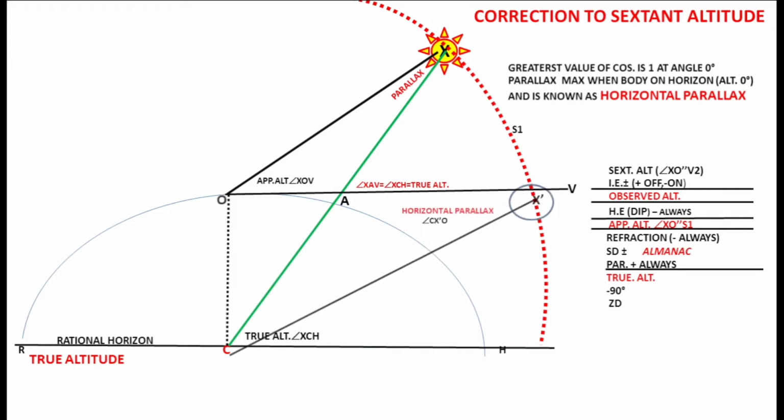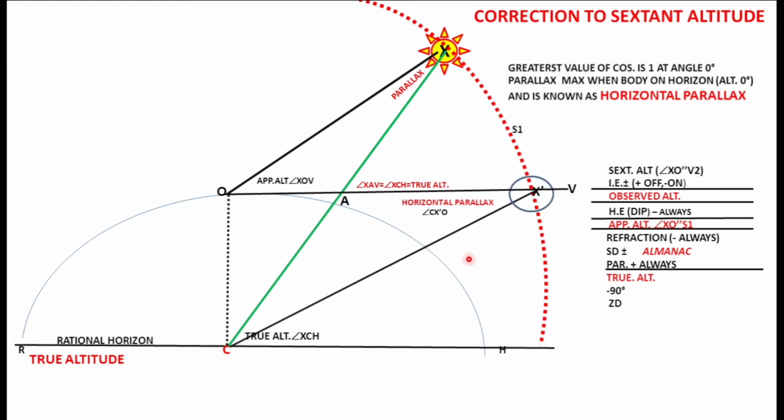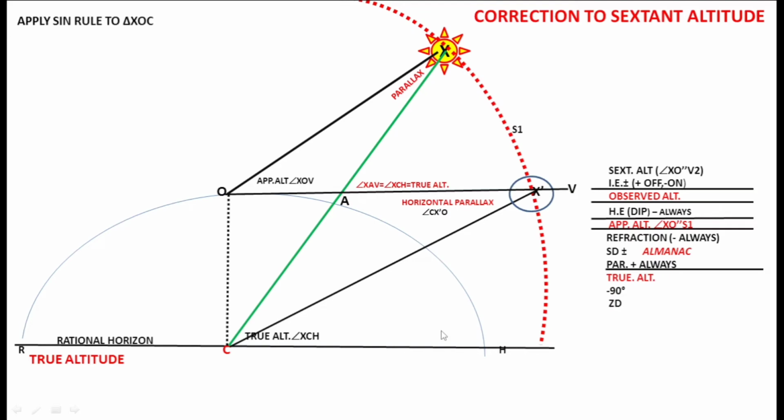So parallax is maximum when the body is on the horizon, and this angle XOX dash C is the horizontal parallax. Just applying the sine rule again here, XOC: sine parallax divided by OC, sine of this angle divided by CX, and this is what we had come to, cos of apparent altitude.